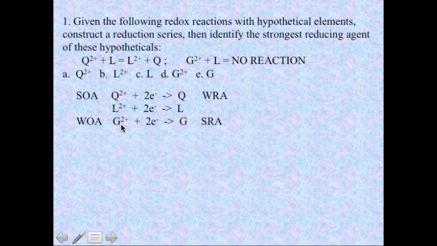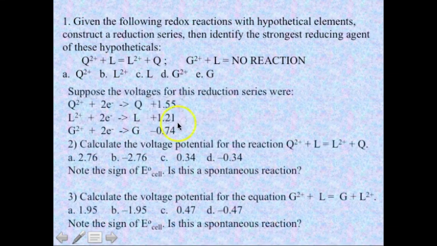Suppose we add voltages to each one of these now, and it wants us to calculate the voltage potential for this first spontaneous reaction, Q2 plus L yields L2 plus Q. Which one of these is it going to be? All right, the L2 plus L half reaction is going to flip around so that L will be on the reagent side.